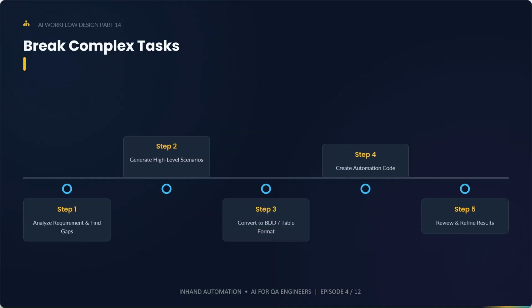So let's break the large task into steps. Now Rahul becomes very excited, so he writes another prompt. Prompt starting from analyze this requirement, find the gaps, generate 100 test cases, create test data, generate Selenium automation, create API test, generate SQL query, create a Jira defect template, and give me an execution strategy.